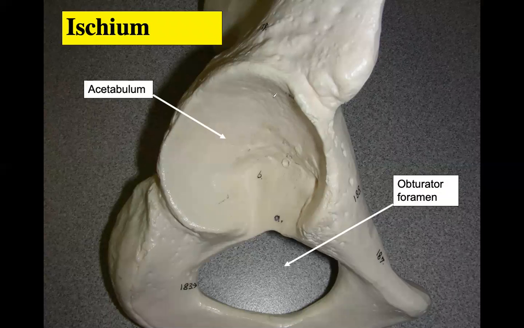The area where the head of the femur fits in, which is this little cavity, is called the acetabulum. So if anybody has a hip replacement surgery, basically this is the area where the femur fits into the acetabulum. That's where the surgery takes place. And then you actually have a wide hole in the ischium pubic region called the obturator foramen.